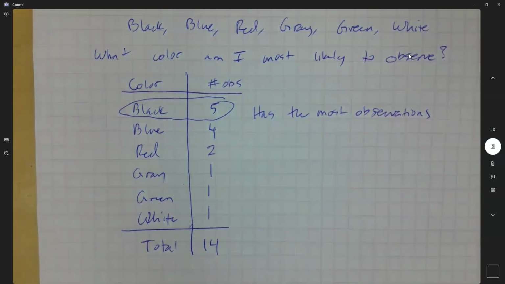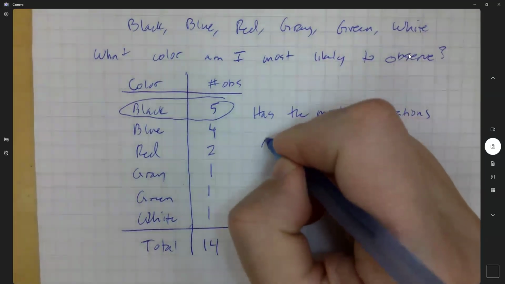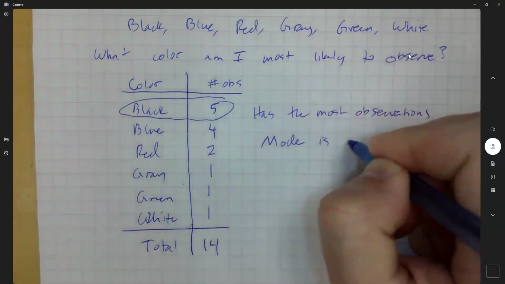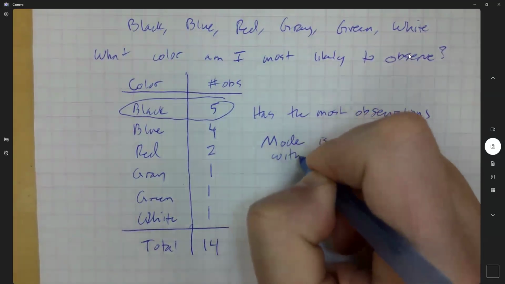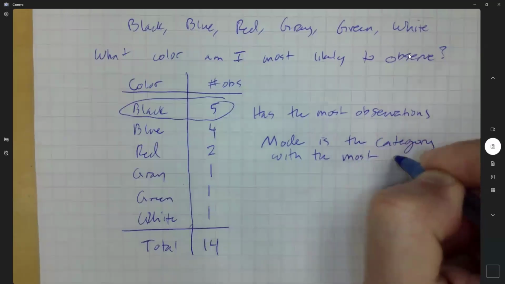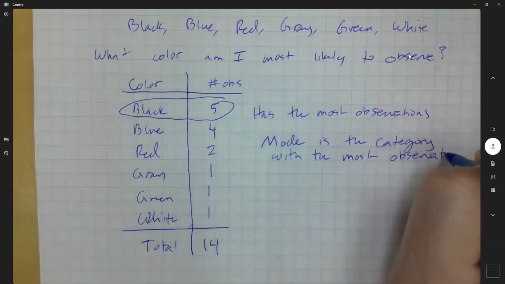Our statistical term for the category with the most observations is called the mode. The mode is the category with the most observations.